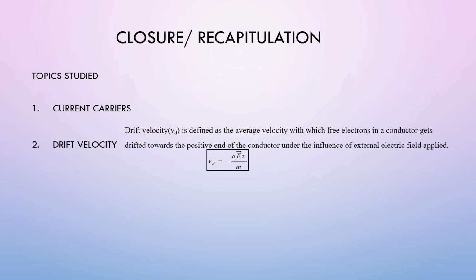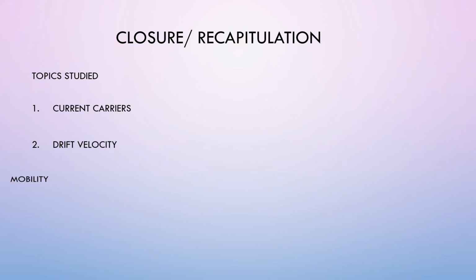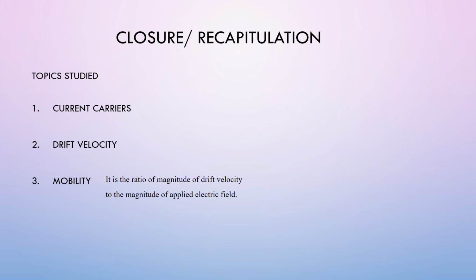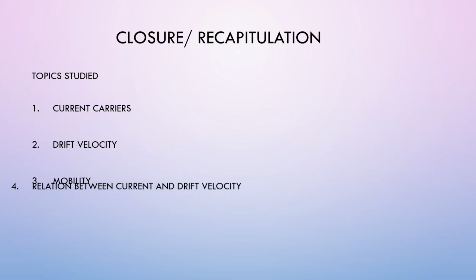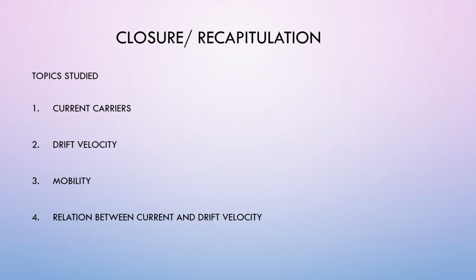And the formula was minus eE tau by m. The third topic was mobility, which is the ratio of drift velocity to electric field. The formula was q tau by m, and the unit was meter square per second per volt. After this, we studied the relation between current and drift velocity, which is I is equal to nAeVd.